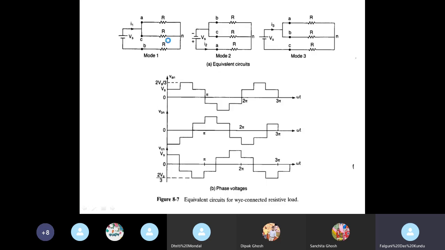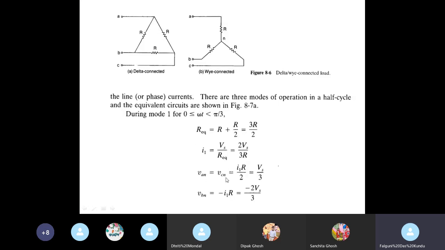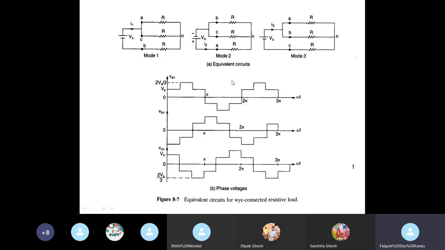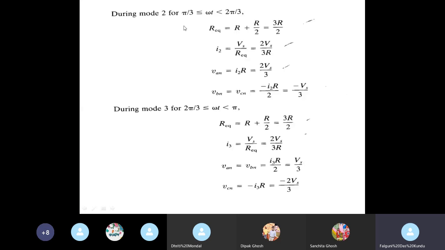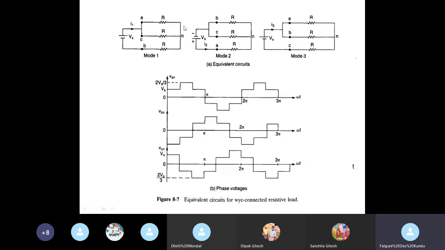That's why it is written here VAN equals VCN, which equals I1 R by 2, and VBN is nothing but VBN, as we say in the negative direction. That's why we put here minus I1 R. Okay.